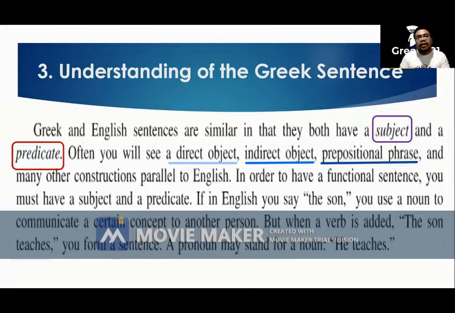It could be a verb or an addition to qualify what the subject is doing. If in English you say the sun, you use a noun to communicate a certain concept to another person. But when a verb is added, the sun teaches, you form a sentence. A pronoun may stand on behalf of a noun, and you can have it as he teaches. So here, the word he or the sun is the subject, and the word teaches is the predicate.